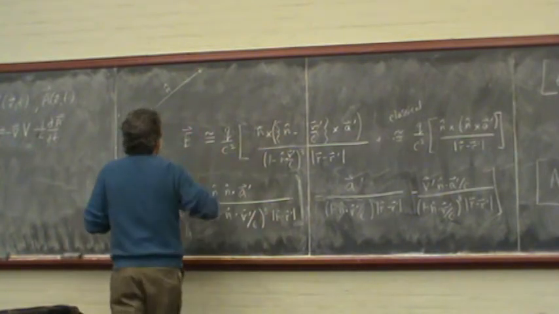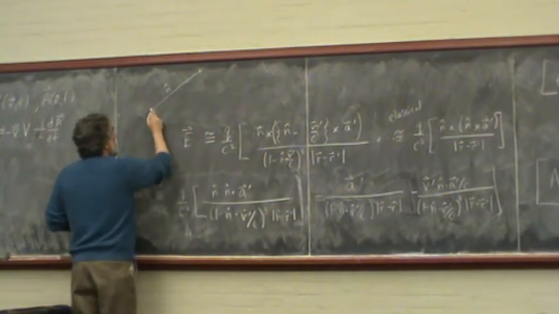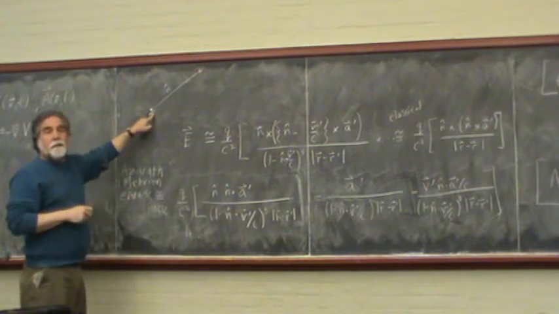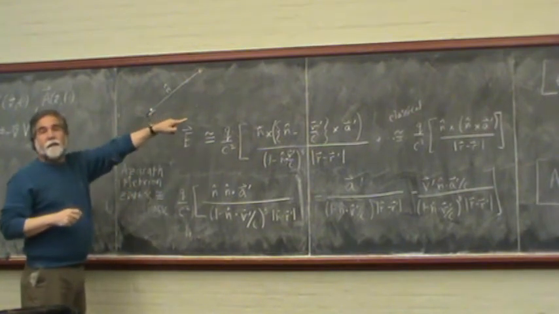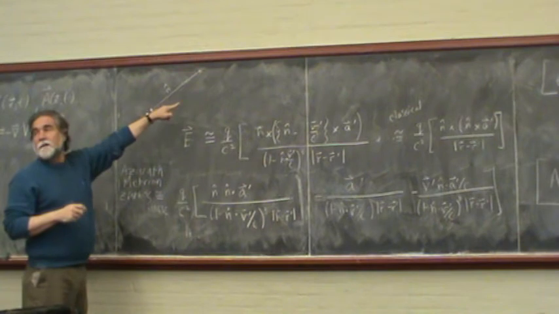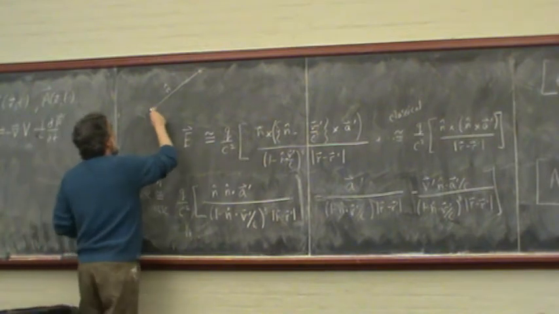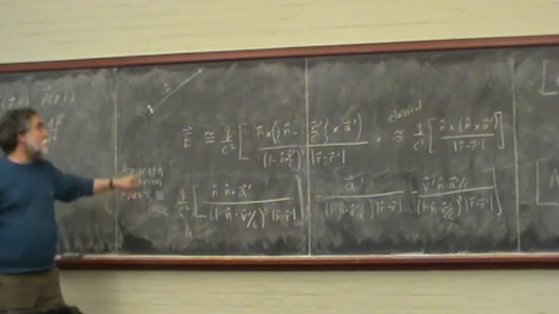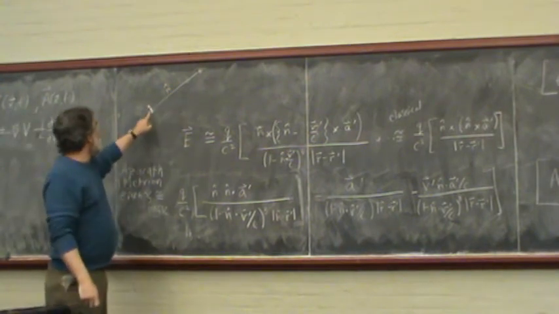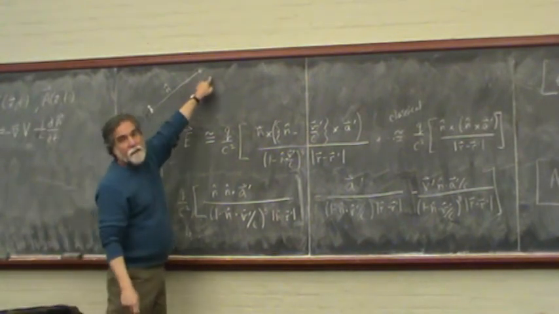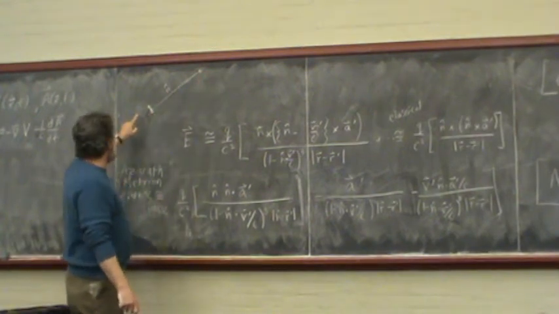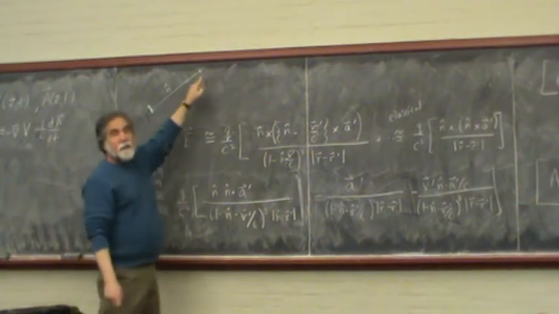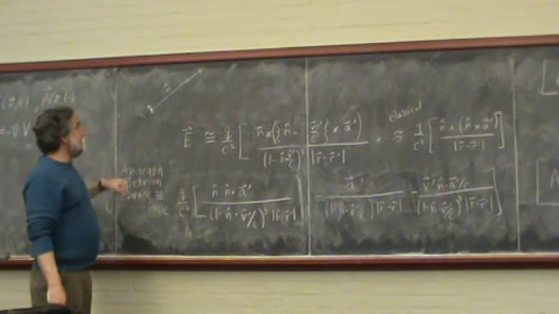If the acceleration is along the direction n between the two charges, I got nothing. I observe nothing there, okay? So the acceleration actually has to have some component that's perpendicular to the direction between the source point and the observation point. I know I said two charges a moment ago, but I meant source point and observation point, right?